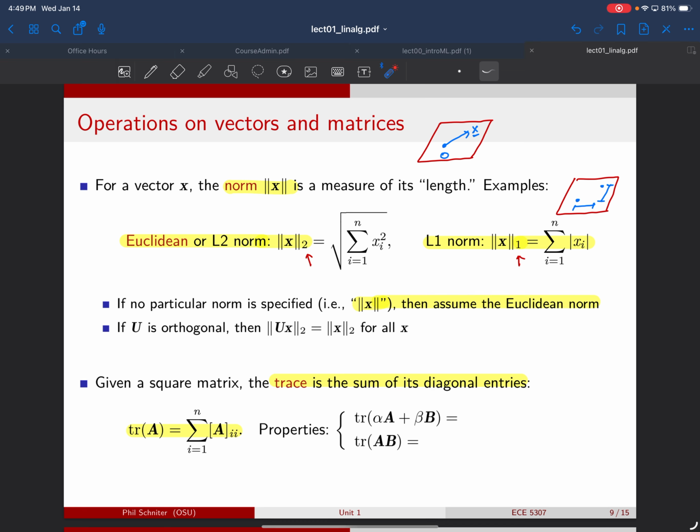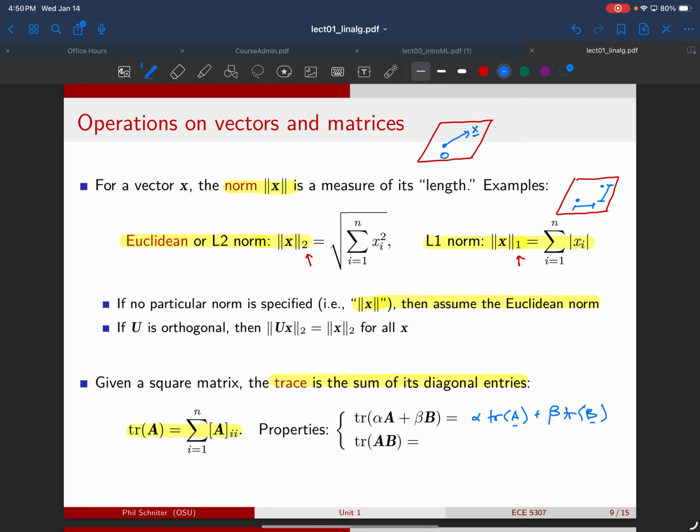By linear operation, we mean that if you have 2 matrices A and B and 2 scalars, alpha and beta, and they can be any matrices and any scalars for which you can add them, they have the same dimensions, that when you take the trace, you could have equivalently done alpha times the trace of A plus beta times the trace of B.